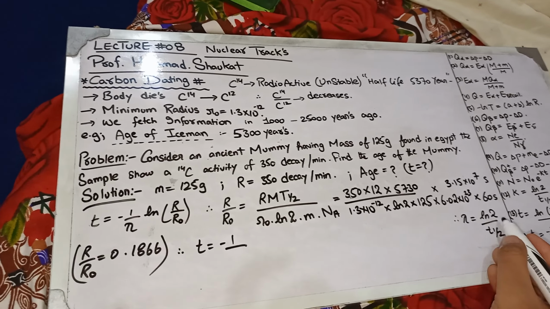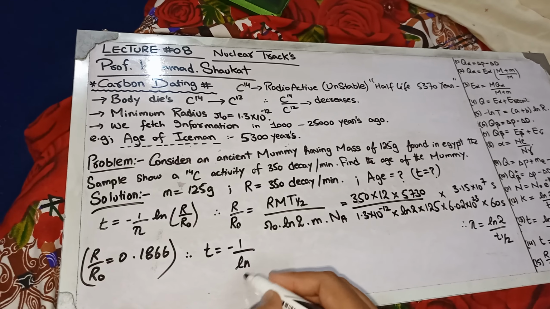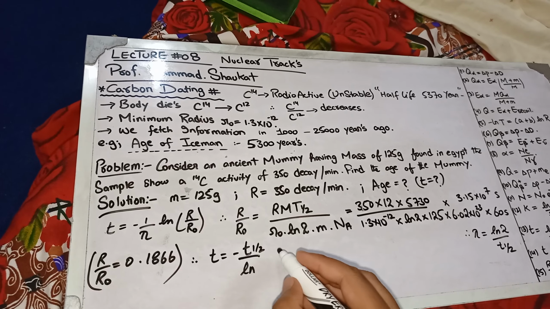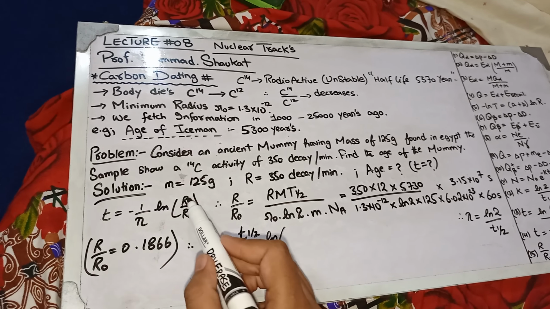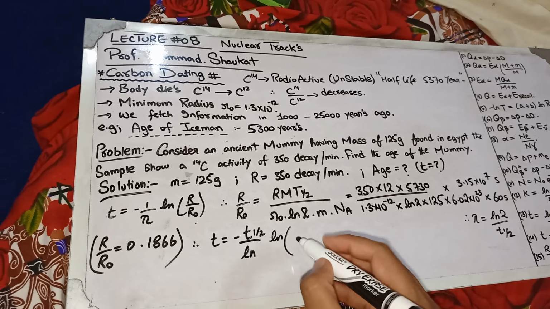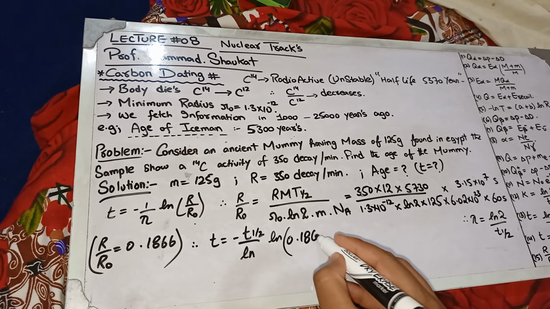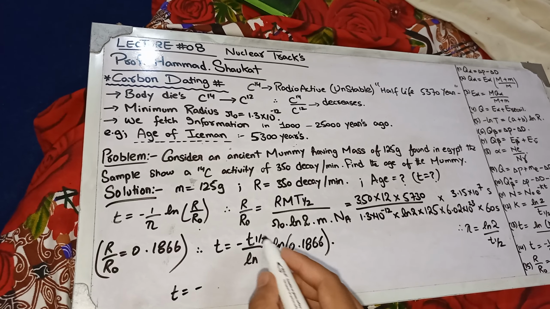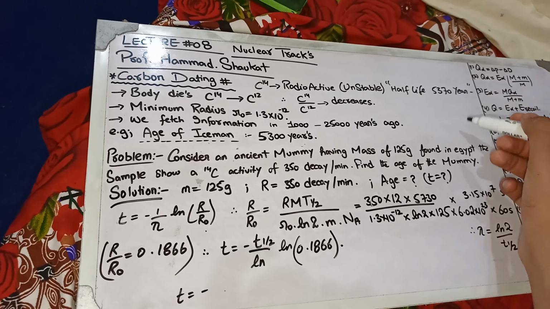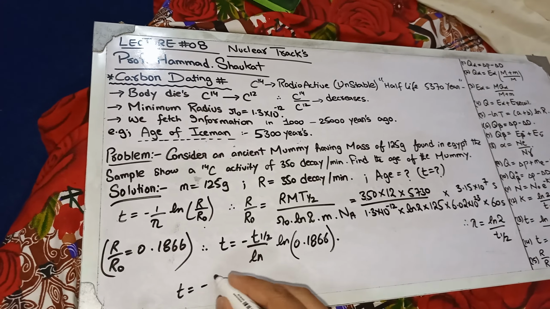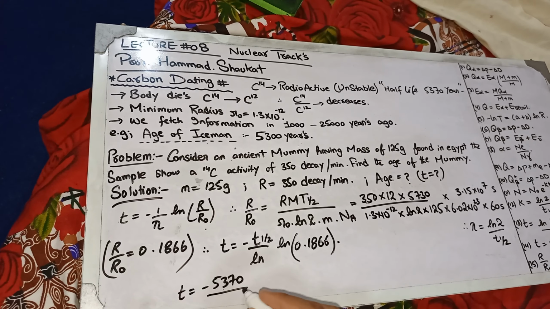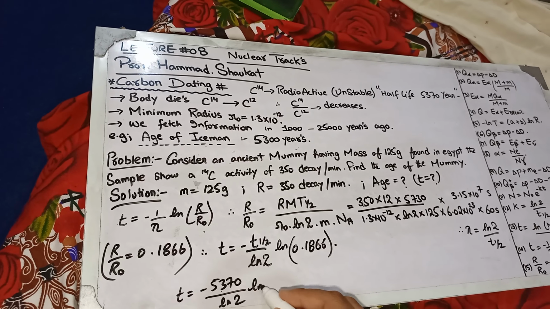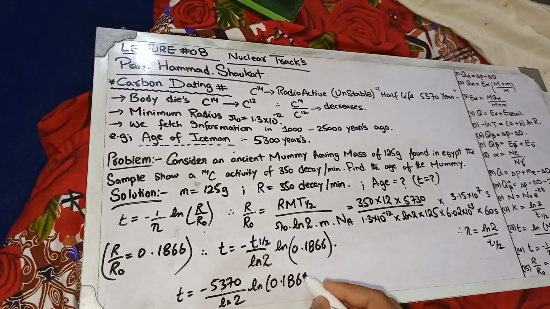So t 1 by 2 comes in the numerator, and t becomes the half-life, 5730 for carbon-14, divided by ln of 2, times ln of 0.1866.